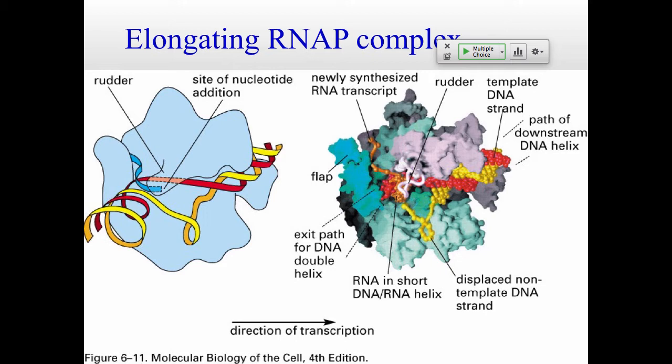Yeah, so this slide is basically just to show 2 things. One is that this is your elongating RNA polymerase, and this particular piece sort of looping over here into the gap where the 2 strands have been pulled apart, that's what's really giving you processivity, because it's really looped around.